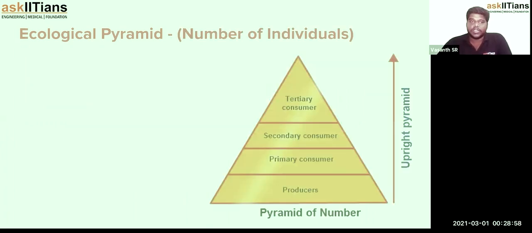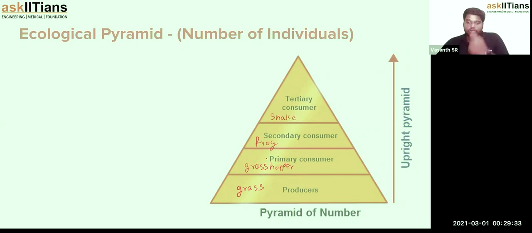Here in this picture, you can see how the organisms are arranged with respect to number. For an example, we can give a representation of grass, and for the primary consumer, we can take grasshopper. The grasshopper will be eaten by frog, and the frog would be eaten by snake.